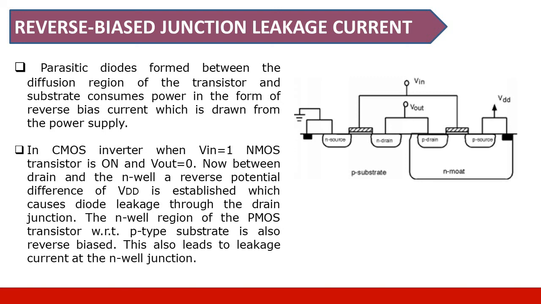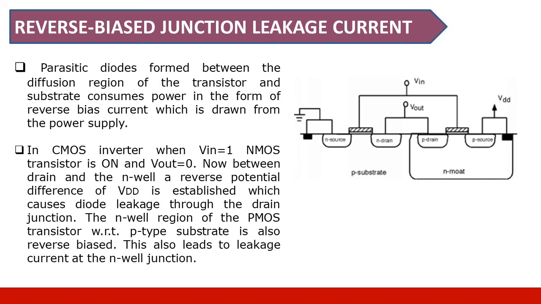When these are reverse biased because of the voltage applied, the reverse bias junction leakage current comes into the picture. Here I have taken an example. In the case of a CMOS inverter, when the input is high, the NMOS transistor will be on and it will generate a low output.